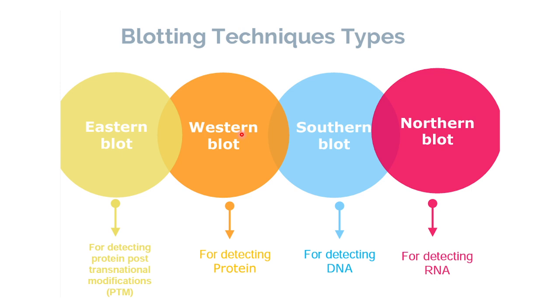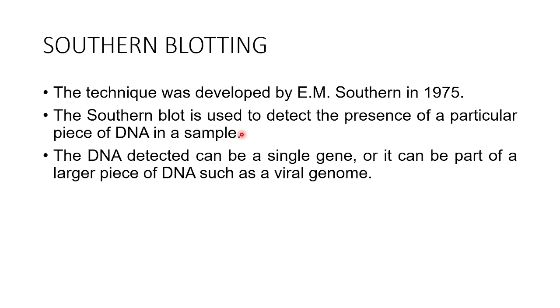The southern blot was named after the scientist E.M. Southern in 1975. After that, the concept of northern, eastern, and western, on the basis of how we divide a compass, we have moved ahead with the other different types of blotting.